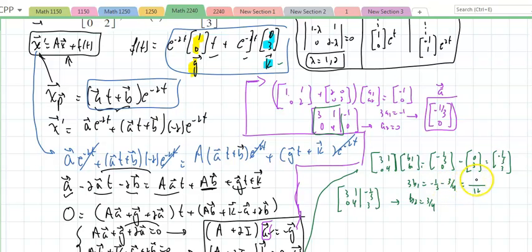Negative 4 minus 9, let me think. Yeah, that's right, that's a minus. Making sure. I'm getting something slightly different. Let me just... Oh, okay, that's a negative 3. There we go. That's much better.